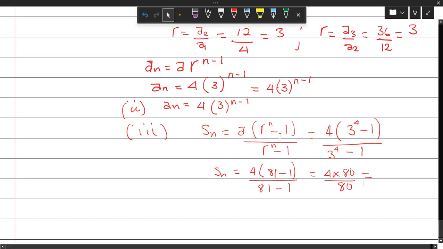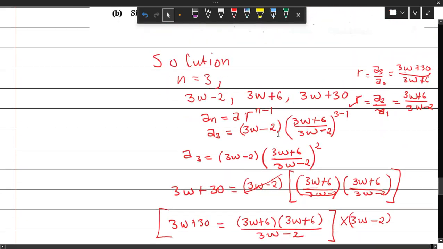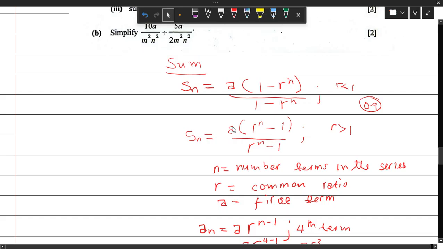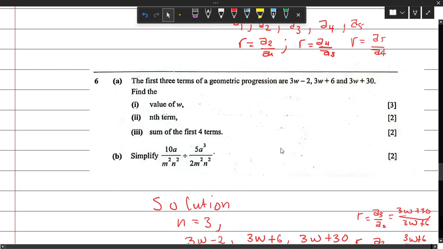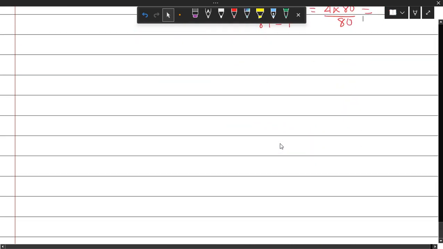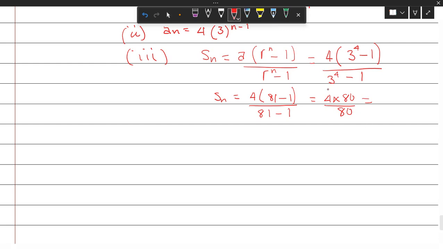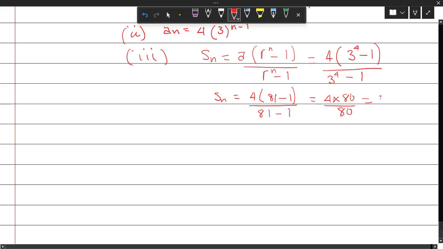Okay, just trying to go through it carefully to apply the correct formula. So we are getting the sum as 4 multiplied by 80 over 2.